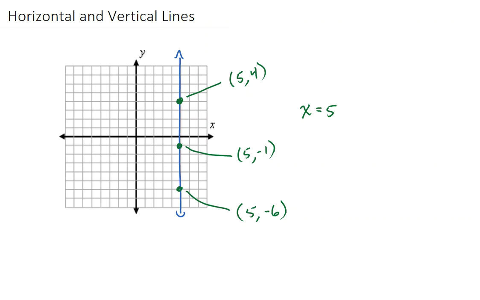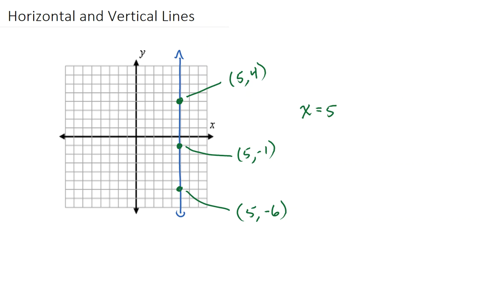What that means in the context of two-dimensional equations, or equations in two variables, is if you're given an equation that only has one variable in it, it's going to be either a horizontal or a vertical line, and then it's just up to you to remember which one it is. If x equals 5, that means x is going to be 5 in every ordered pair on that line. So if you create 3 or 4 ordered pairs with an x of 5, you can convince yourself that it's going to be a vertical line.